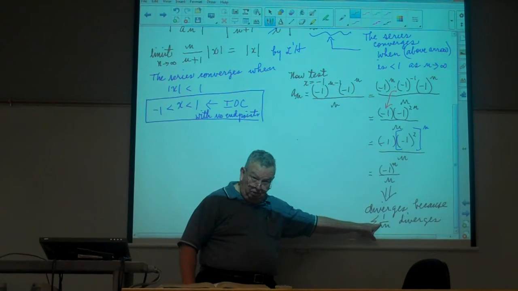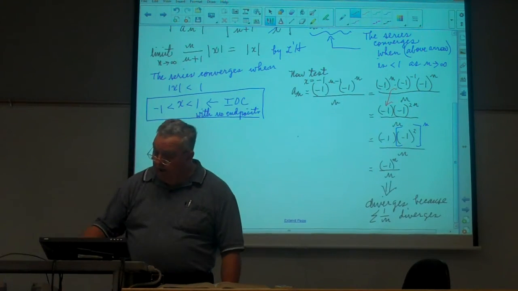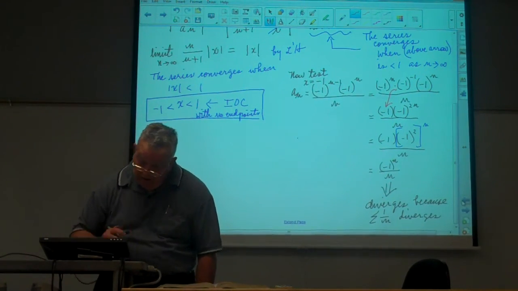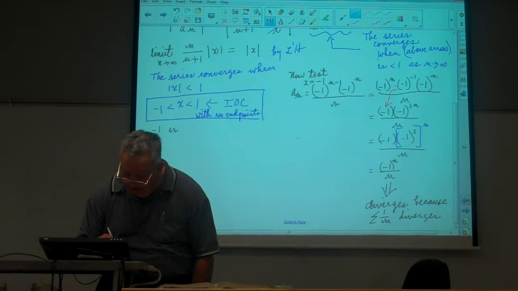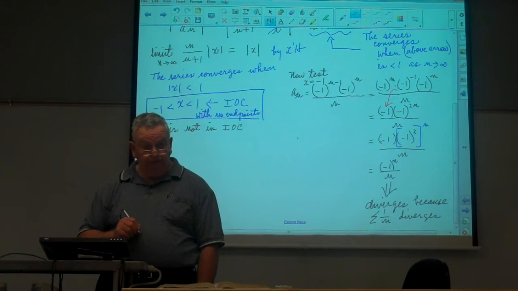And isn't that the series that I said you don't even have to explain to me why it diverges? Is that right? So we know that minus 1 is not in the interval of convergence. Everybody agree?